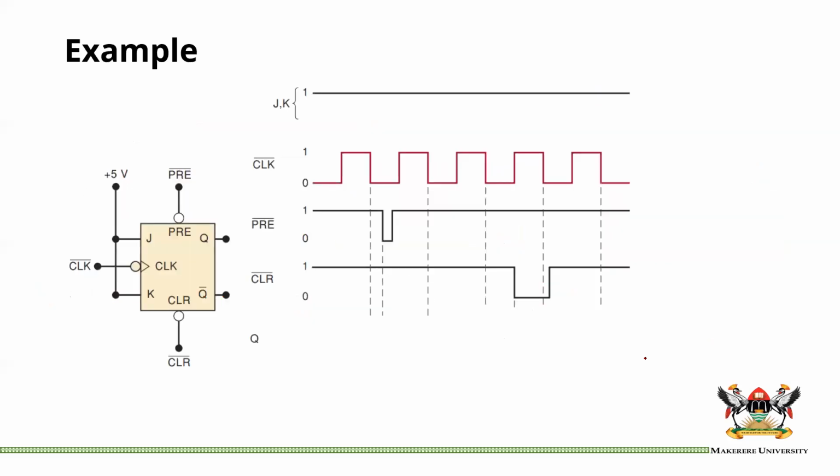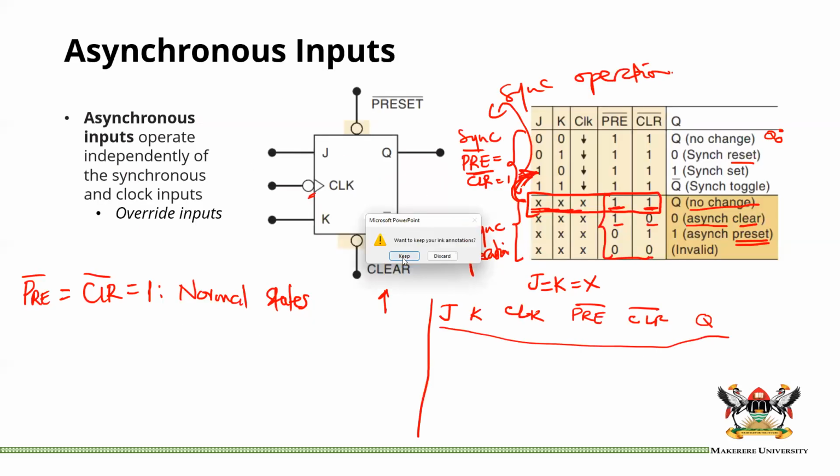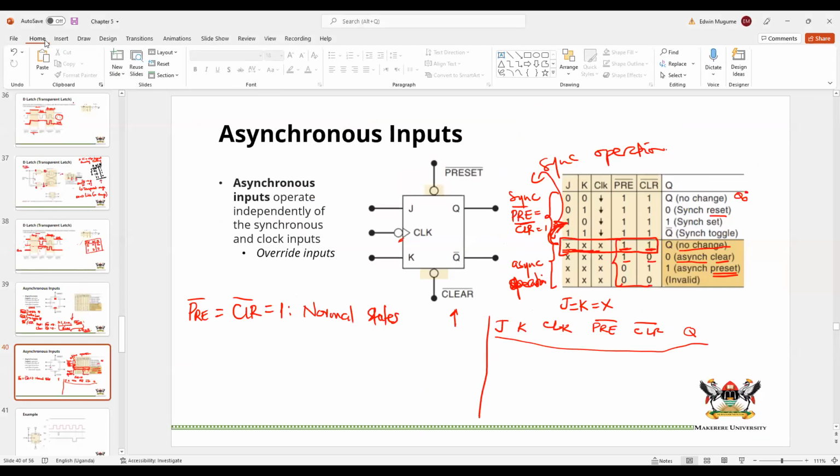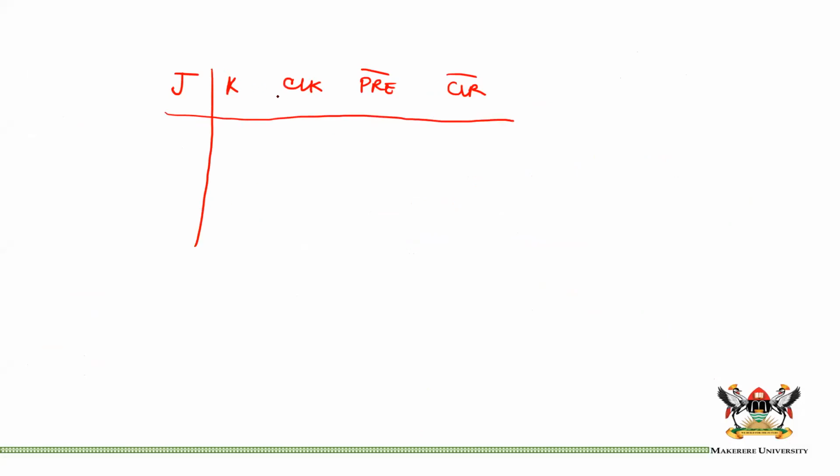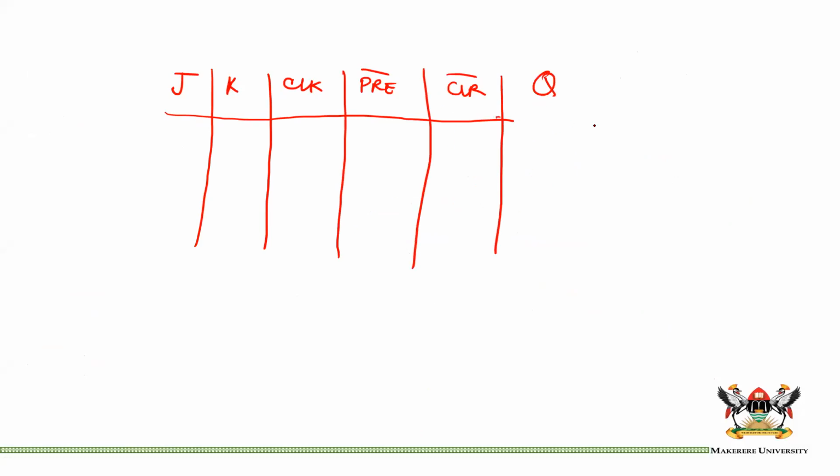I don't know why. Let me just insert a new slide. Okay, so you have J, K, clock, pre, clear. We have J, we have K, bear with me. And then I have Q here.